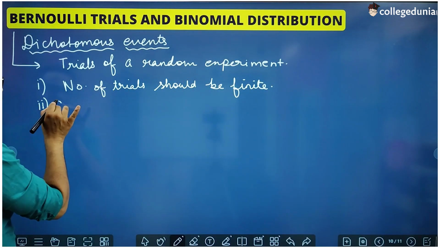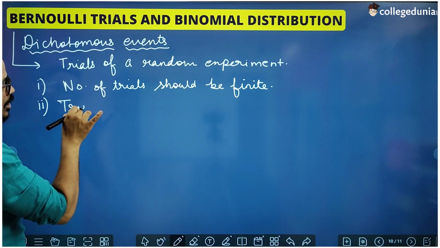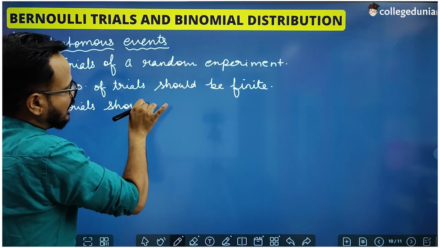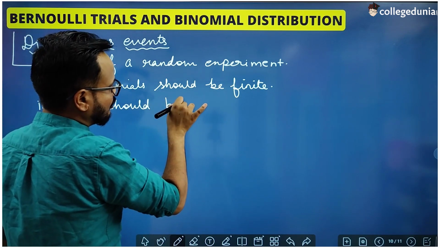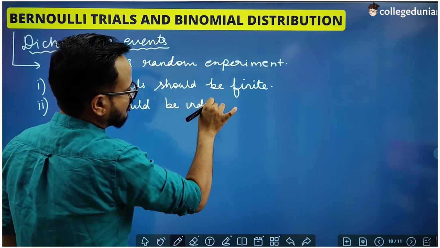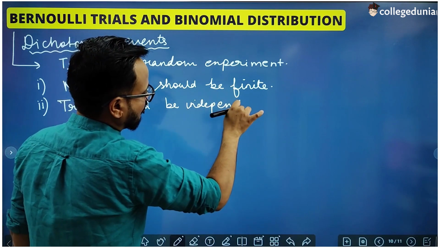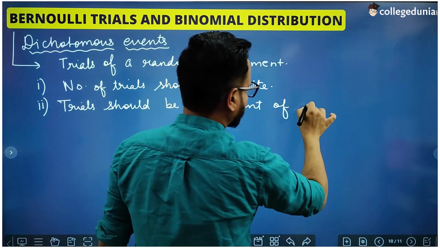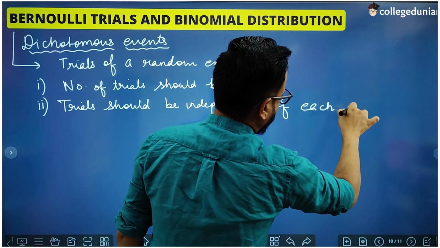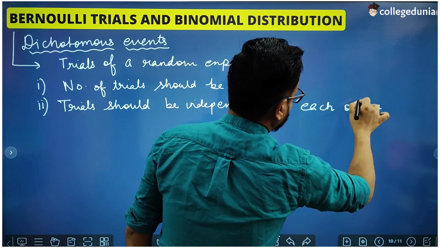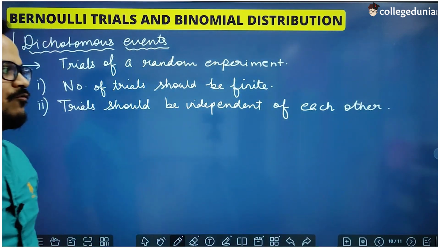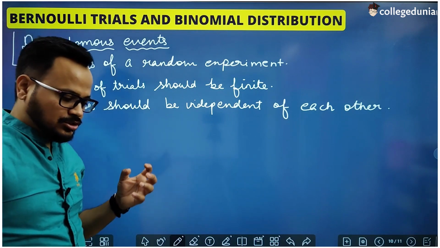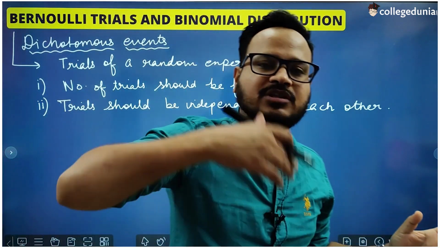Number two, trials should be independent of each other. Which means that the probability of happening or occurrence of one trial should not affect the happening or occurrence of the next trial, right?